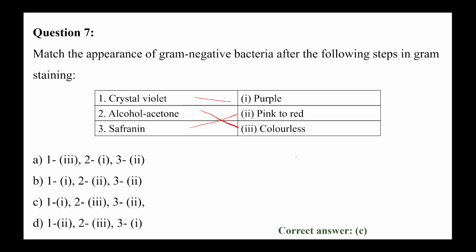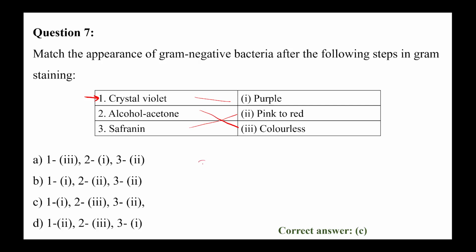So how do we do gram staining and what are gram negative and gram positive bacteria? We'll discuss. Basically in gram staining, we first stain the cells with crystal violet. We take the bacteria, let's say we are taking a small amount of culture.